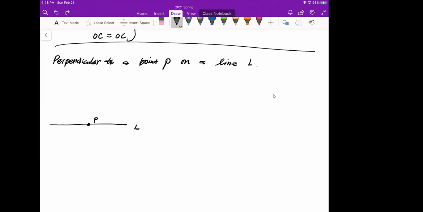All right, now I'm going to show you how to do this. We have a few steps. I don't want to draw the whole thing because it's very time consuming.